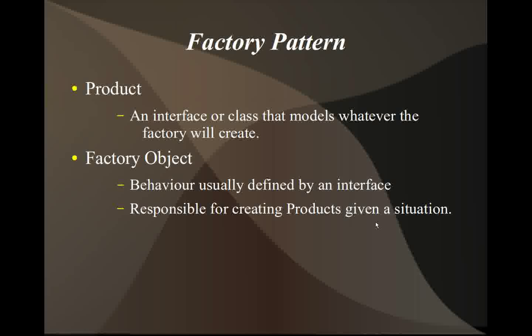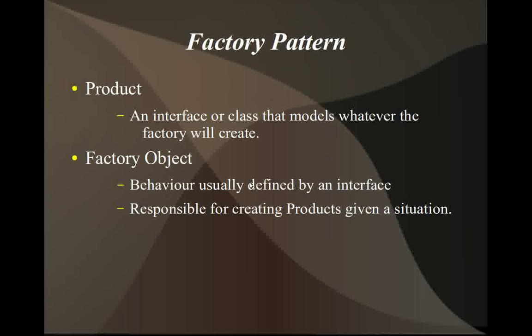This is the important part of a factory, that a factory doesn't just pump out objects one after the other, but given a situation, given a set of arguments, it will give you back the correct product. And you will see what I mean by this, because the product is usually just one superclass. When I say the correct product, it means giving back the correct subclass of that superclass.